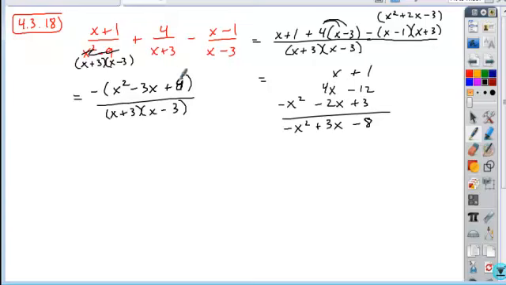And so we'll look to see, are there any factors of positive 8 whose sum is a negative 3? No. So you can leave it in this form. There were no factors canceled from the denominator, so there are no domain restrictions.